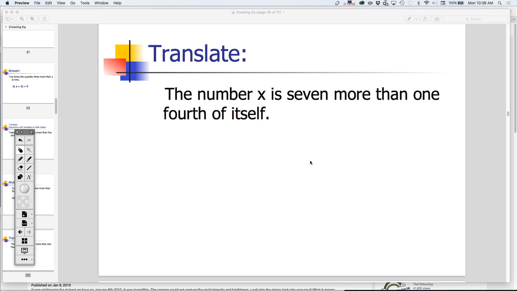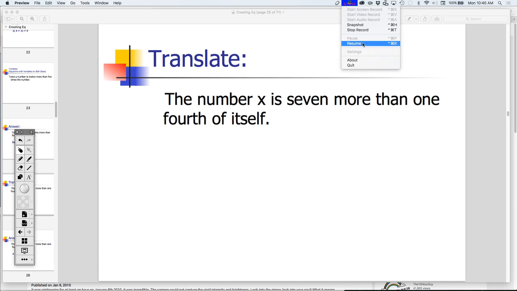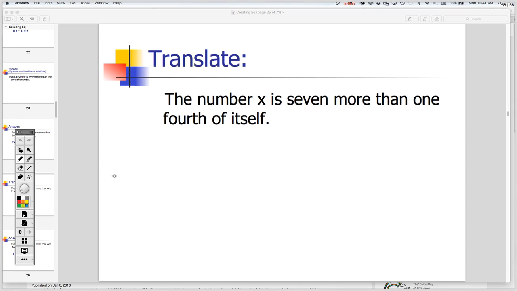The number x is 7 more than 1/4 of itself. Angel, you ready? What'd you put? x equals 7 plus 1/4. Okay. And then the itself refers to x, so you put x here as well. Good job. So x equals 7 plus 1/4 x.